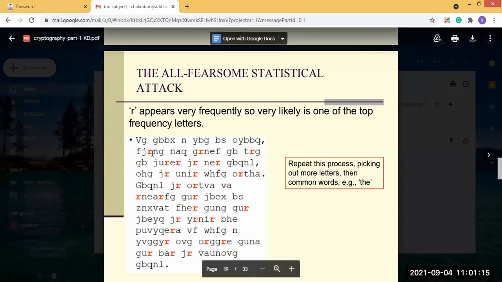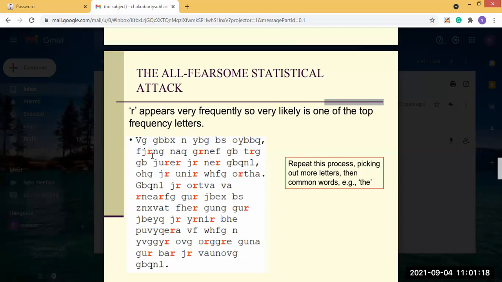So in this, if R is coming frequently, they will look over that frequent letter R. Then he or she will not stop here. He will pick more letters that are coming frequently, one by one. And after that, he will pick the common words, for example, the. He will check the common words that are coming.